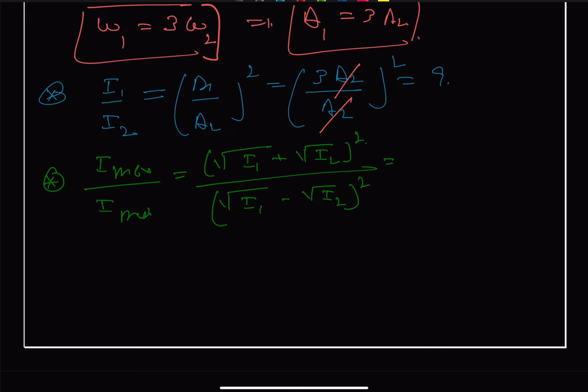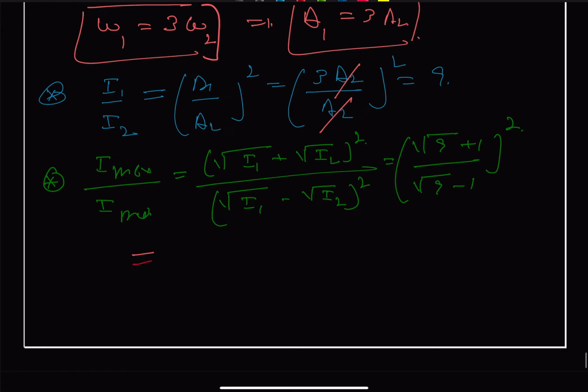If we take I2 as common, it cancels out, and this comes as square root of 9 plus 1 over square root of 9 minus 1, whole square.